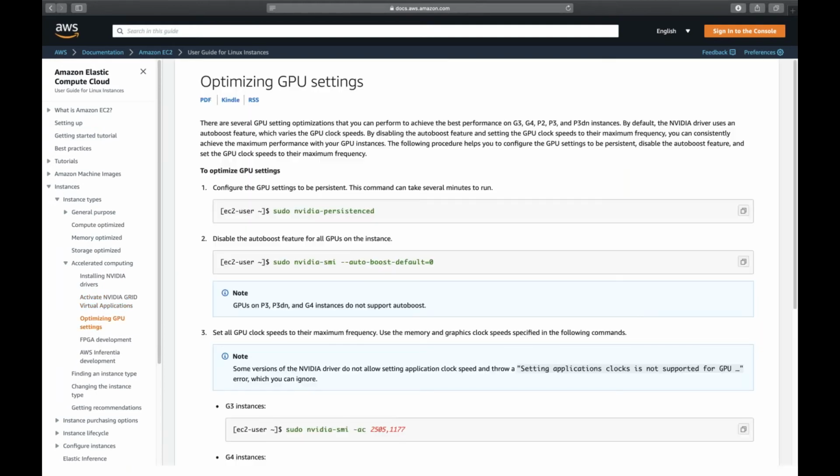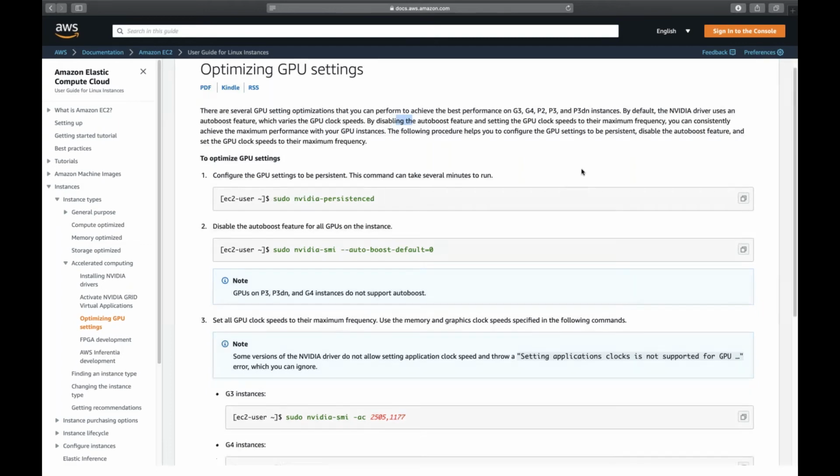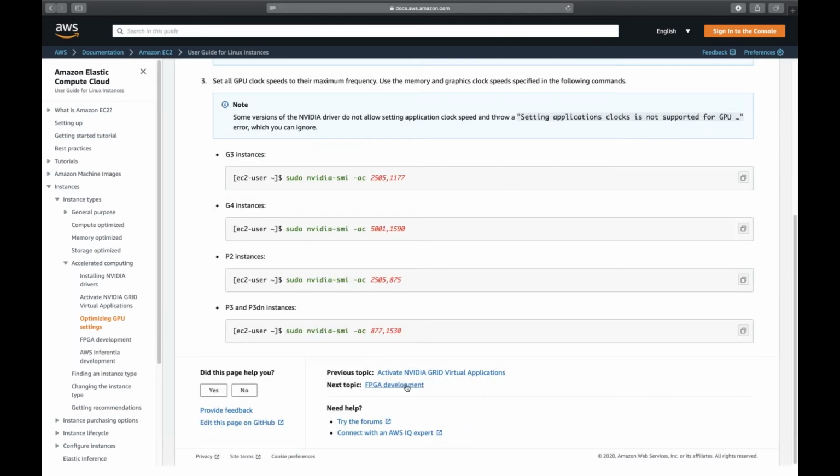There is also a way to optimize the GPU settings, and definitely there is an option for graphics to achieve better performance. It uses an auto boost feature which varies the GPU clock speed. If you disable this feature and set the clock to maximum, you can confidently achieve the maximum performance for your GPU instance.